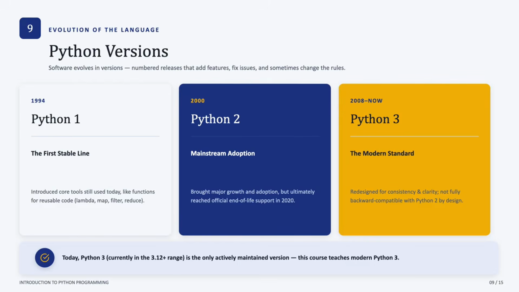Learning Python isn't just about learning another programming language. It's about learning a skill that can open doors to careers in software development, AI, automation, data science, cybersecurity, and much more. Now that we understand why Python became so popular, our next step is even more exciting. We're going to explore where Python is actually used in the real world.